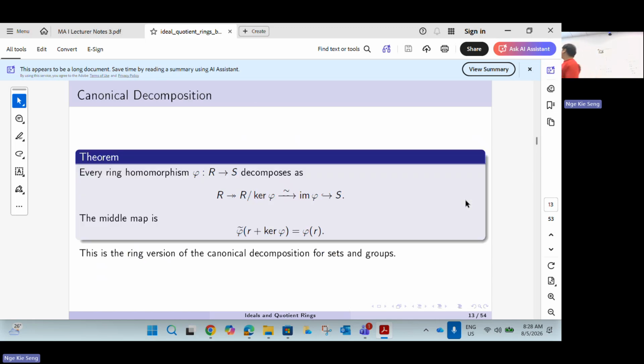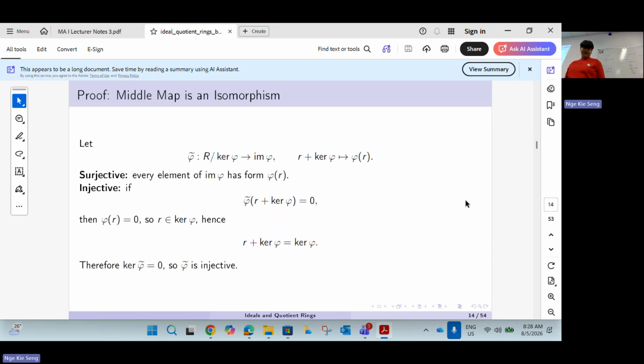We want to prove this is an isomorphism. Then we want to prove it is surjective and injective. Surjective is a very easy one, because for every element in the image we have a preimage in R. For injective, we prove it another way.